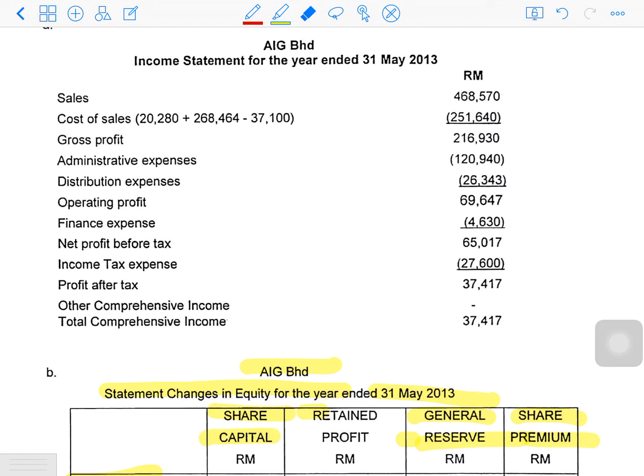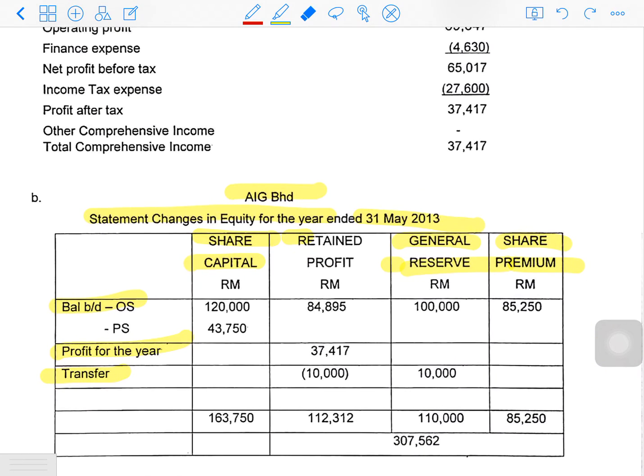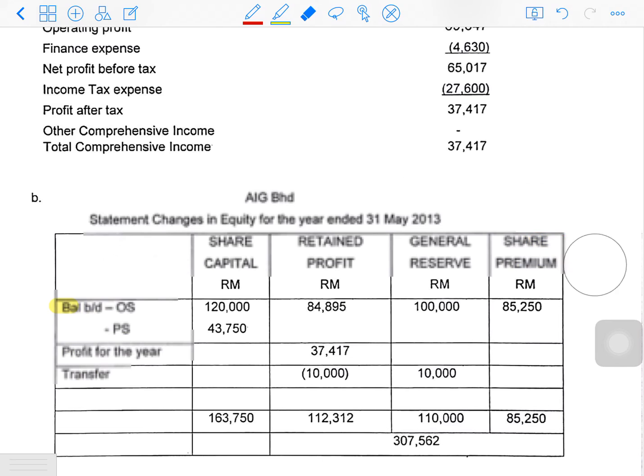Then you need to prepare the statement of changes in equity, just the skeleton. That means you put in all the items and format one by one.